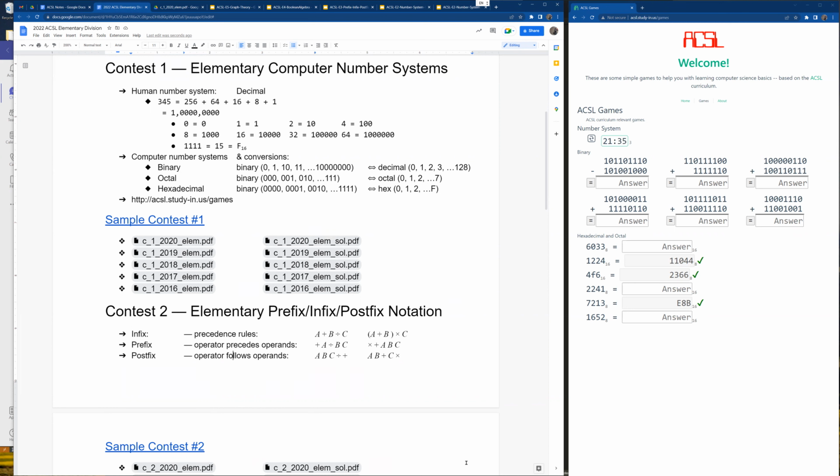B divided by C is done first, so we put the division operator right after B and C. When you process this expression A, B, C and then see a divide, you can work on B divided by C. Once you get that result, you have A and that result and then plus, so you can finish that operation right there.